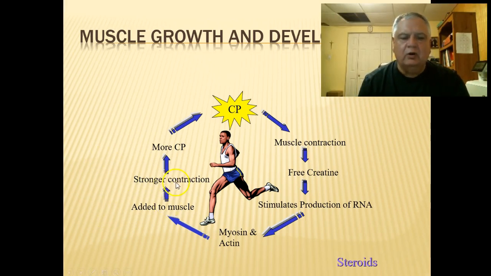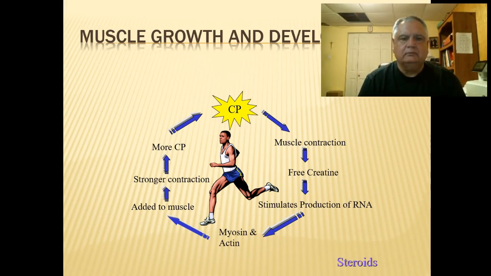But with those stronger muscle contractions, there's going to be the breakdown of even greater supplies of ATP, which is going to require even more creatine phosphate to be broken down, which creates even more free creatine, and this results in a cycle of events that keeps occurring over and over.